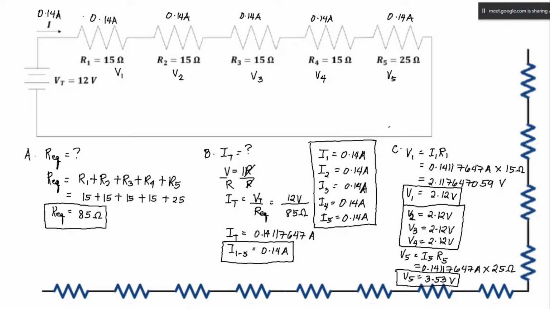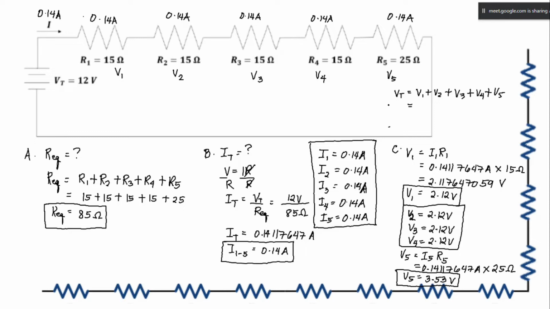For us to satisfy our condition kanina na the summation of all of these voltage drops is equal to our V sub t, let's validate our answers. So, V sub t equals V sub 1 plus V sub 2 plus V sub 3 plus V sub 4 plus V sub 5.